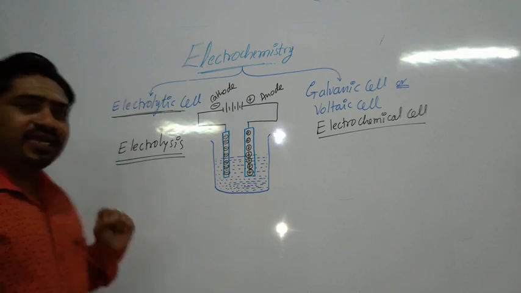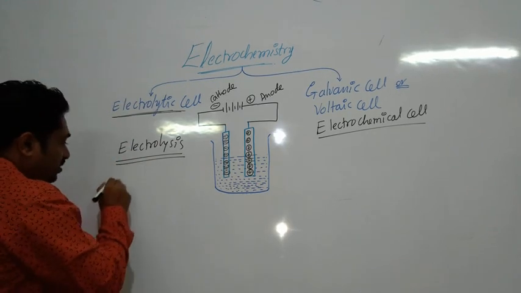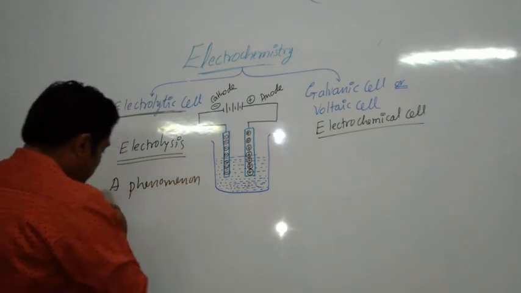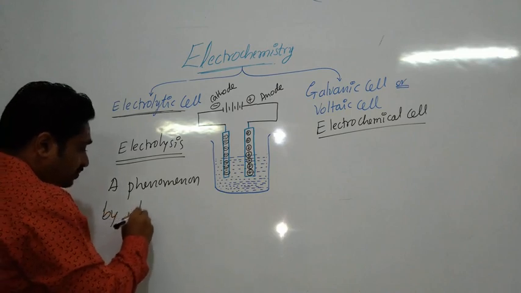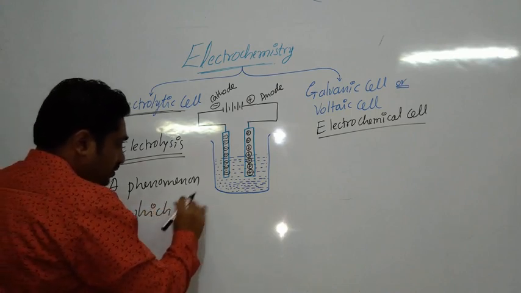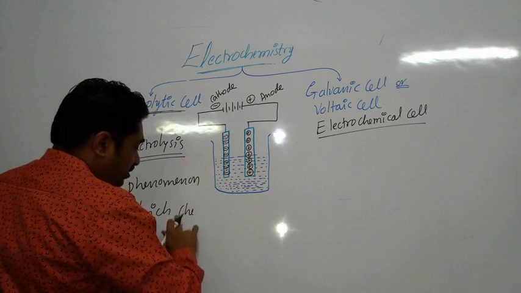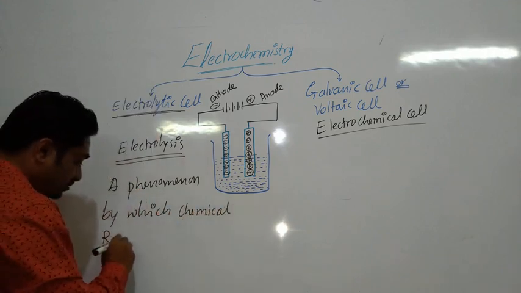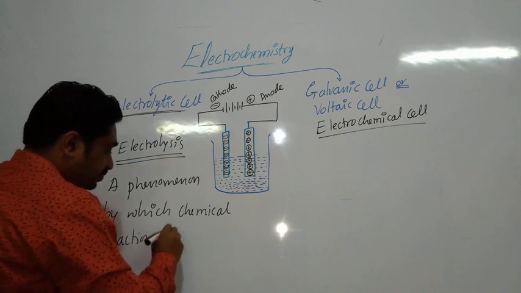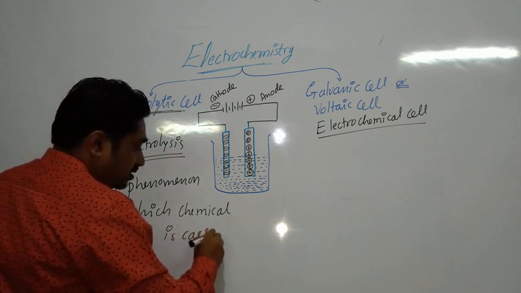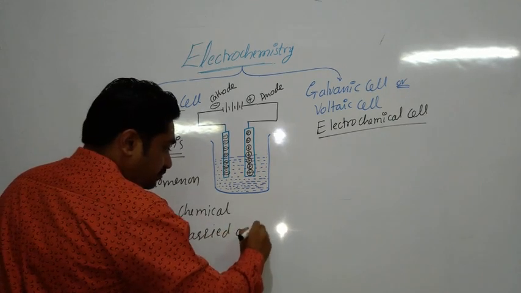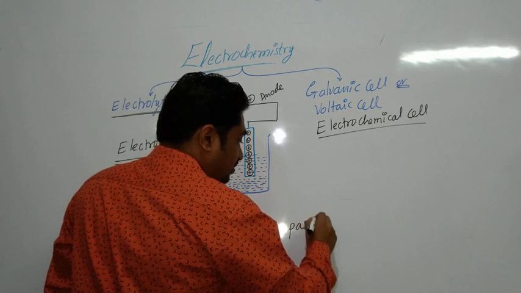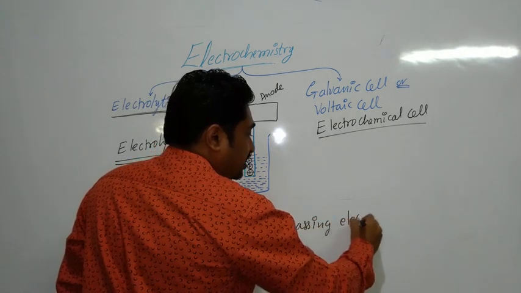So how to define electrolysis? Electrolysis is a phenomenon by which a chemical reaction is carried out by passing electrical energy.